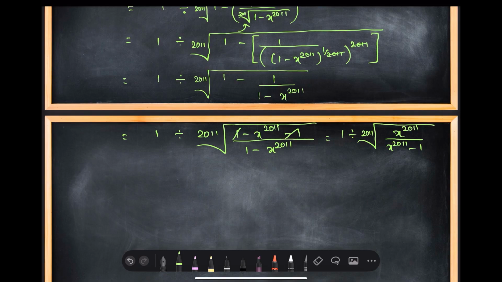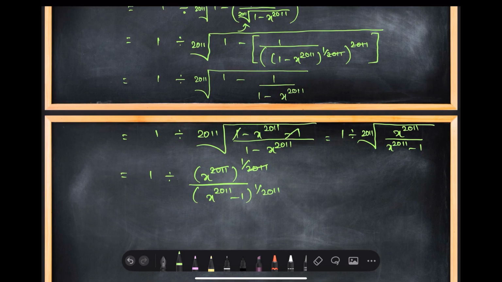Now this is 1 by the 2011th root, and look at the numerator how it will respond: 1 divided by x to the power 2011 to the power 1 by 2011, and the denominator will behave like this: x power 2011 minus 1 to the power 1 by 2011.